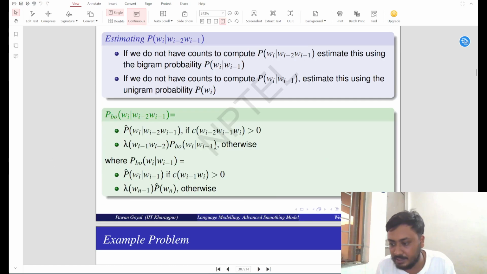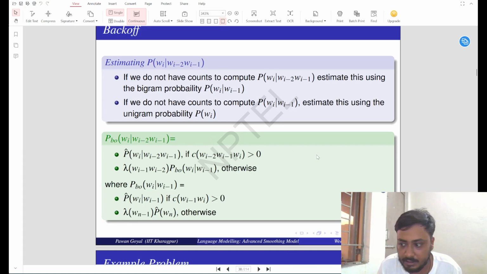You must have seen this slide in your course. As you can see, they are mentioning the probability of back off. If the probability, or the count of that n-gram, is non-zero, we just use the discounted value. So p hat is the same as the p prime over there.